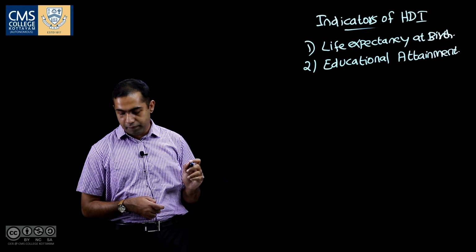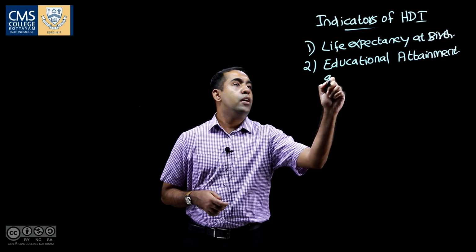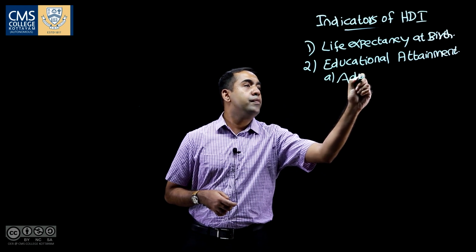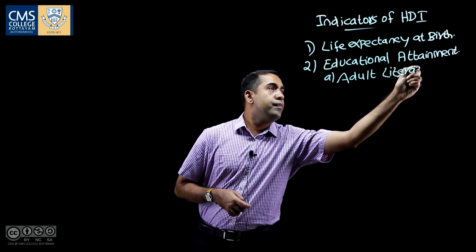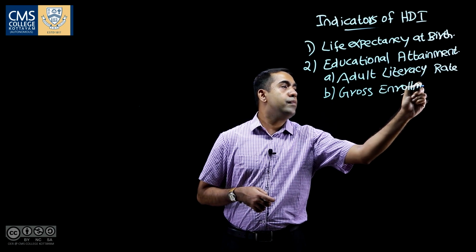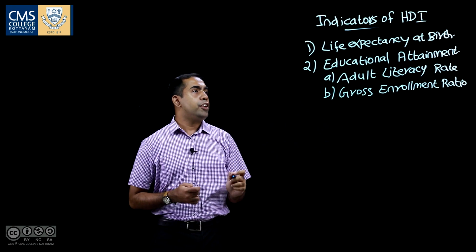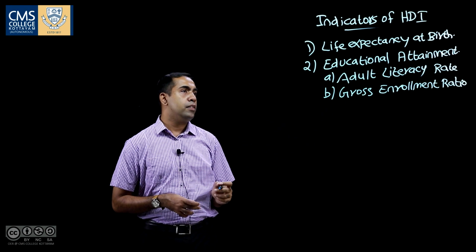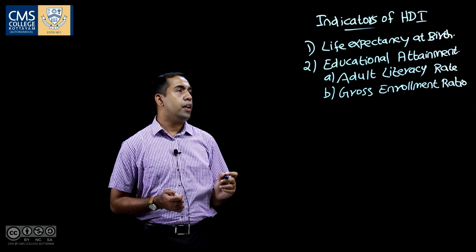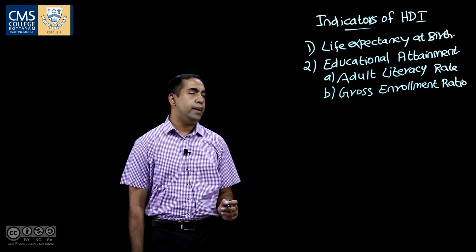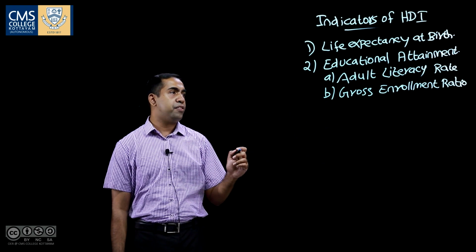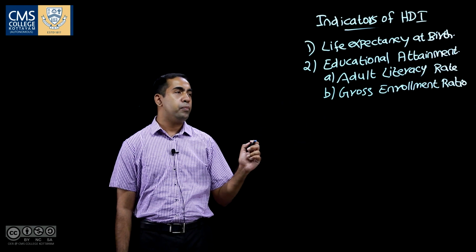The first one is the adult literacy rate and the second one is the gross enrollment ratio.